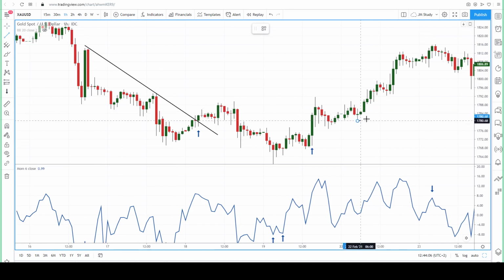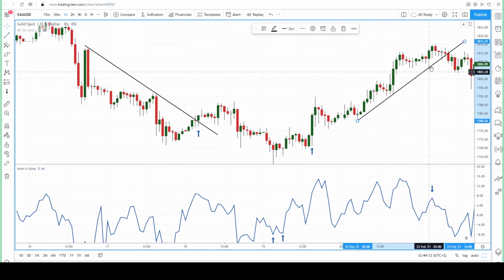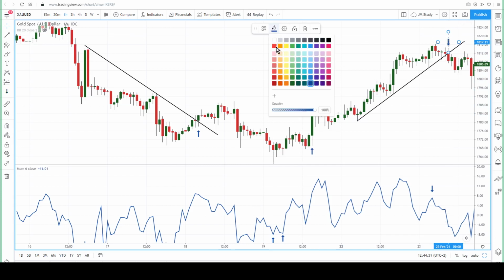Take a reactionary low here, reactionary low there, and here we have a third one, and there we have our trend line break, early warning, and the signal. So that's the signal here. Let's make it red.